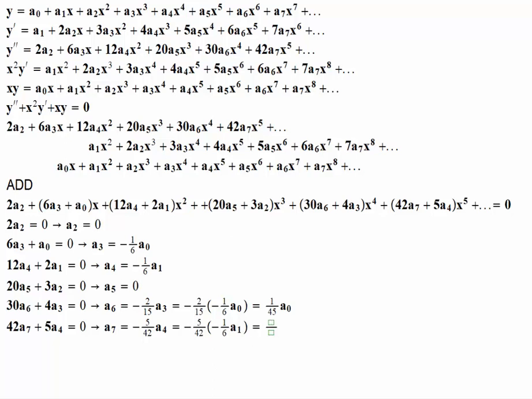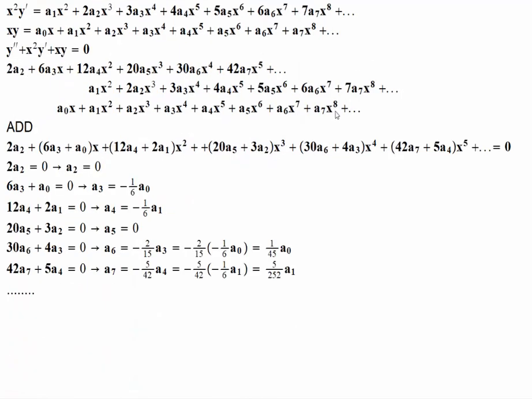On the top I have 5, and on the bottom 42 times 6 would be what? 240 plus 12 is 252 times a1, and so on and so forth. Okay, so now we can go ahead and bring our y here. So let's write the value of y now as an infinite series.